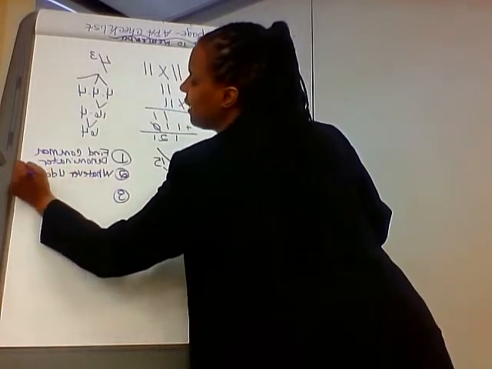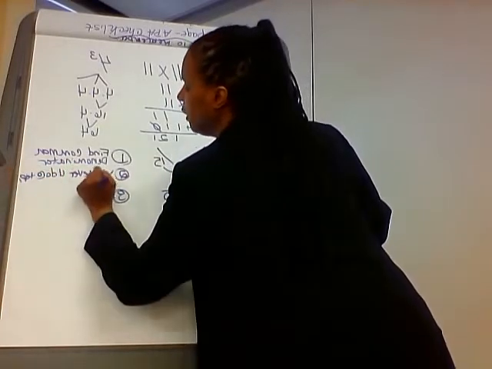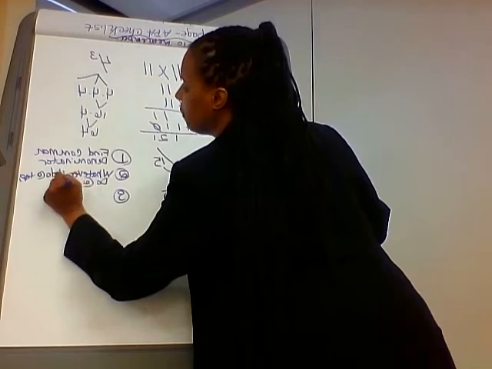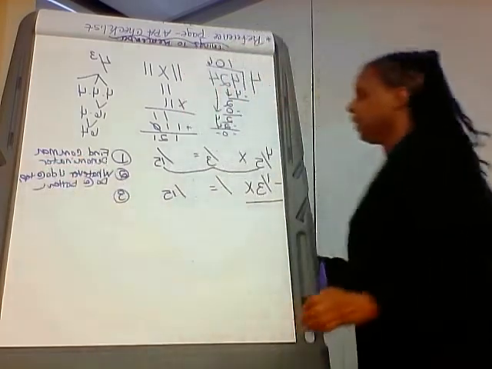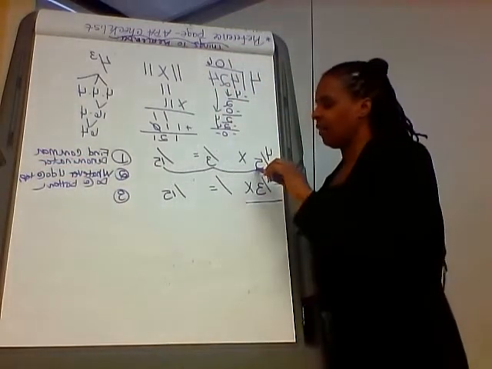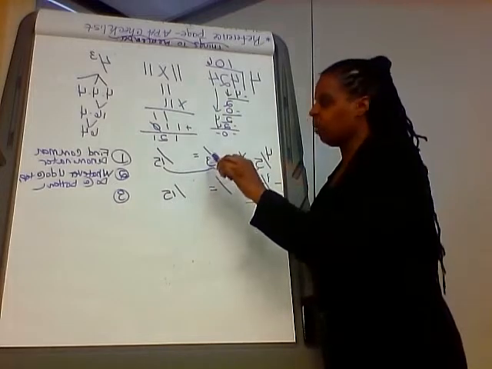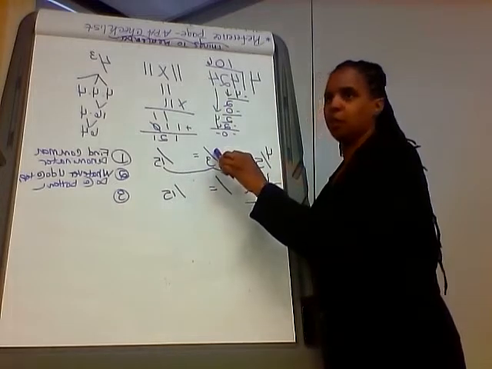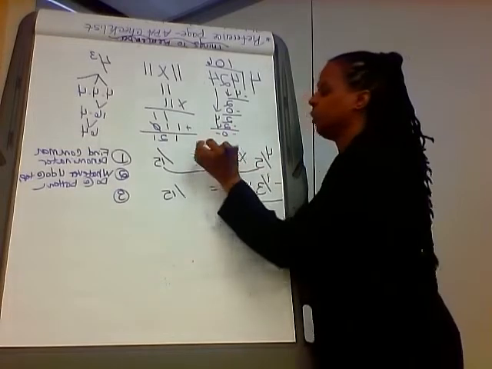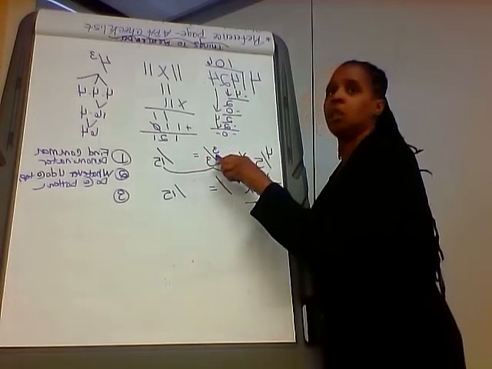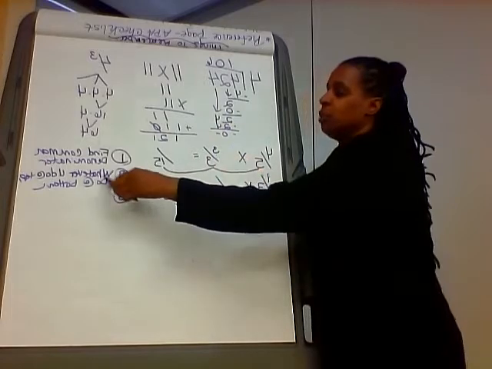Whatever you do at top, do at bottom. So if I took this 5 and multiplied it by 3, what am I gonna do up here to the 4? Multiply by 3. Because, what's rule 2?